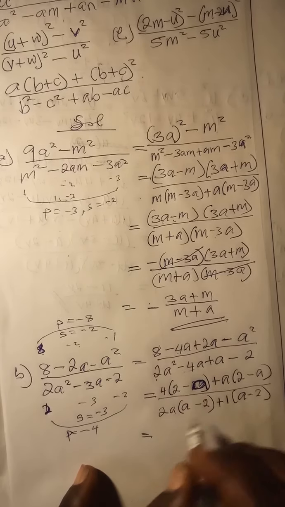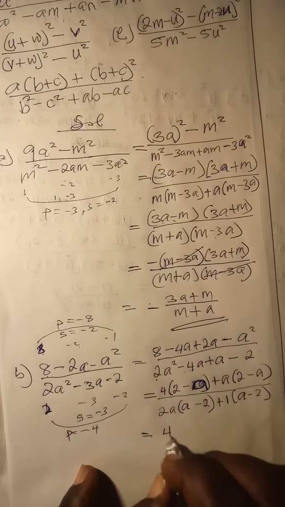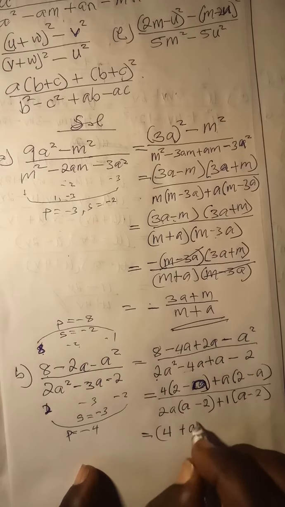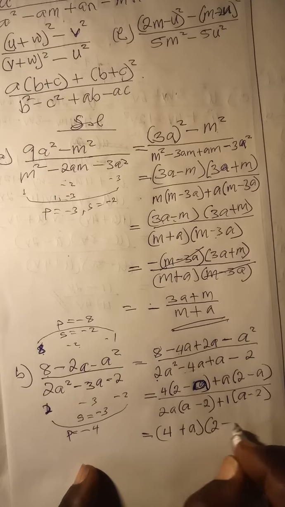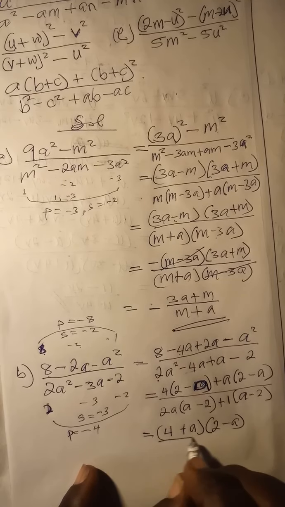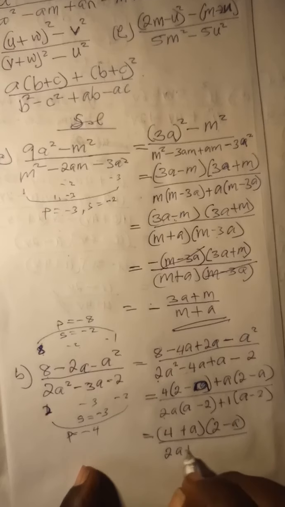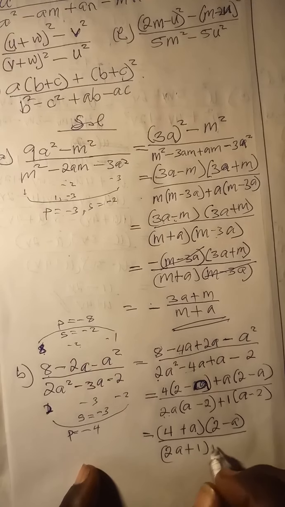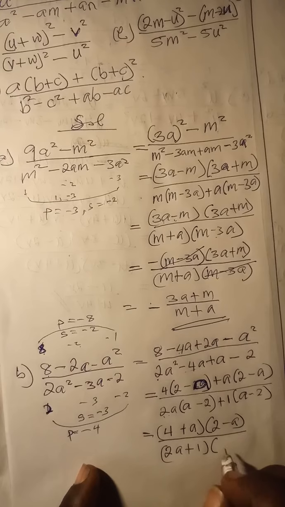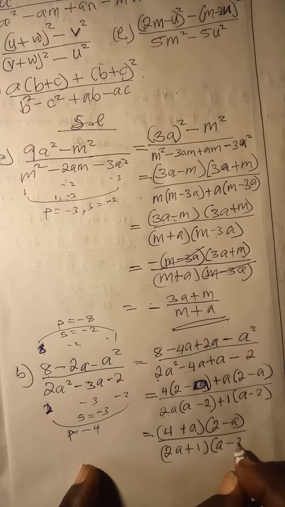Now I can say 4 plus a, dealing with the numerator, 2 minus a. Everything over 2a plus 1, 2a plus 1, a minus 2.